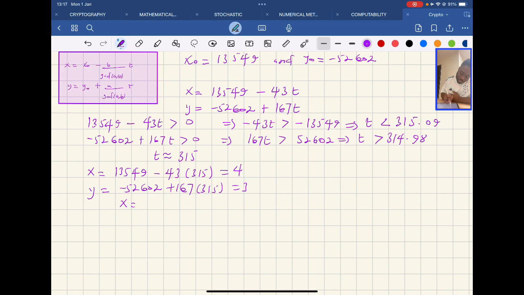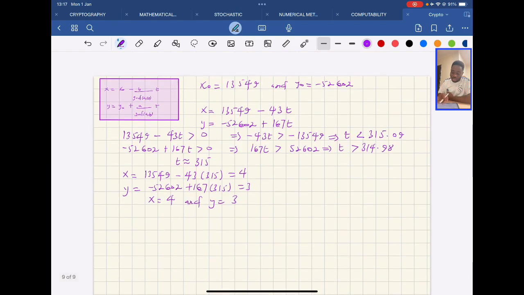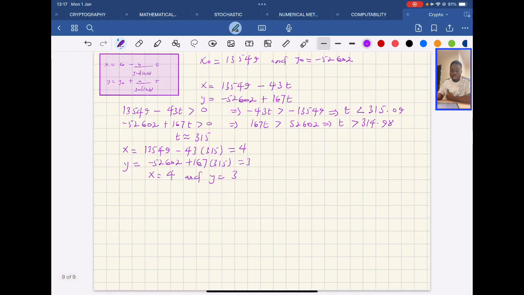So x is equal to 4 and y is equal to 3. So these are the set of positive values that satisfy the equation 167x plus 43y is equal to 797. I hope this is clear. So now let's move on to the last part.